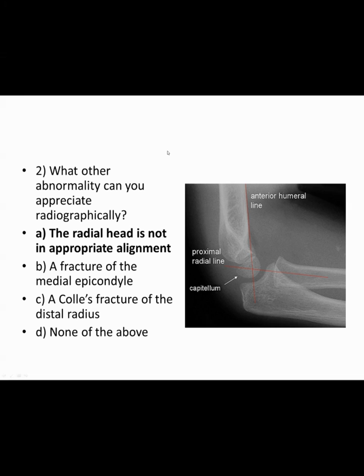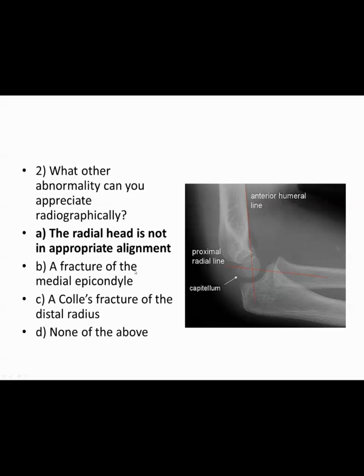Next question is, what other abnormality could we appreciate radiographically? We already spoke about this when going through our systematic interpretation. We know that the anterior humeral line and the radiocapitellar line were not intersecting the capitellum, which leads us to believe that there is a radial head dislocation, which means that A is the correct answer.